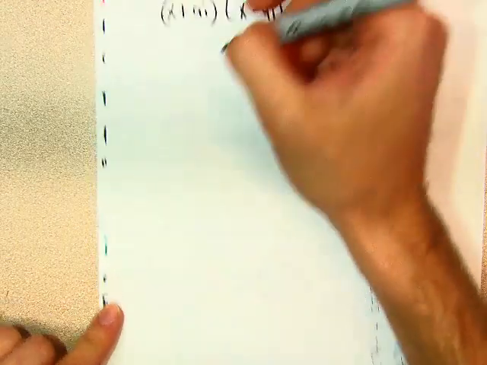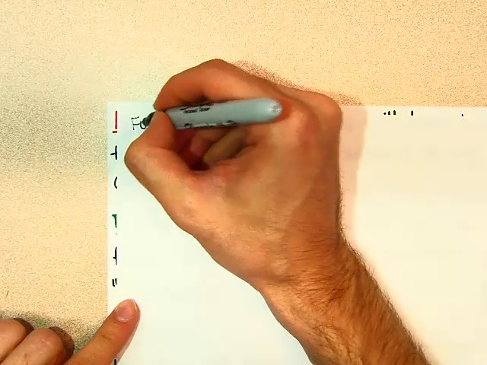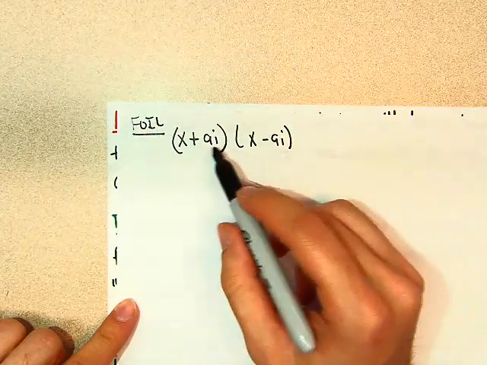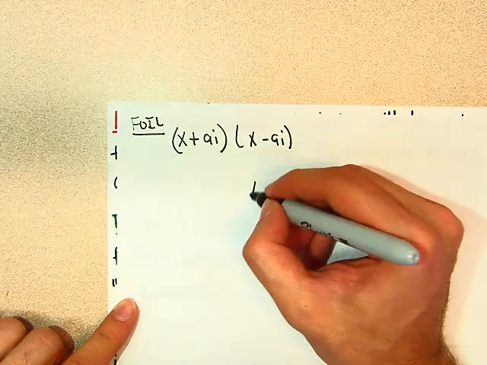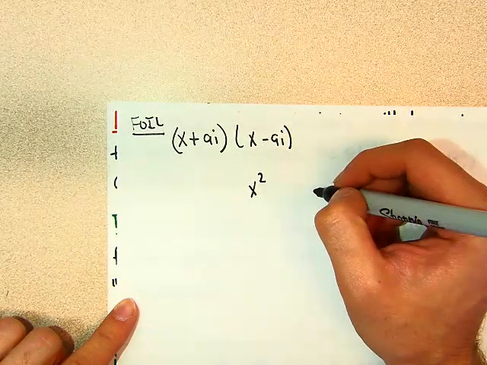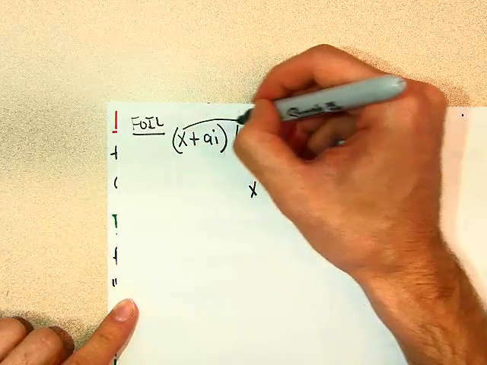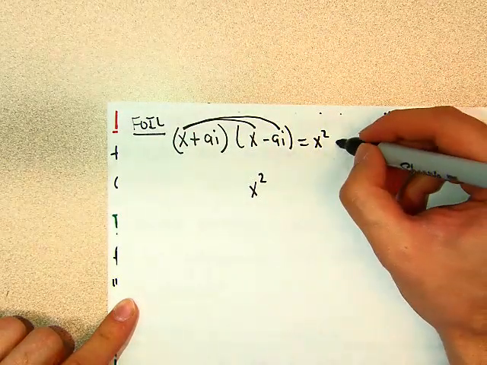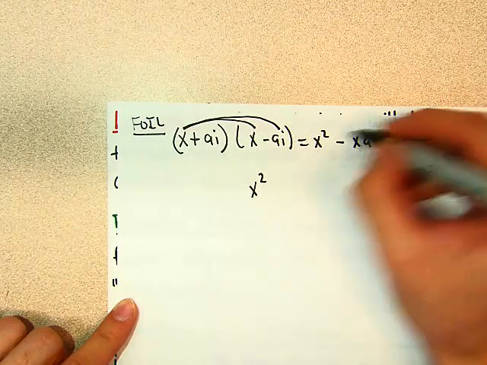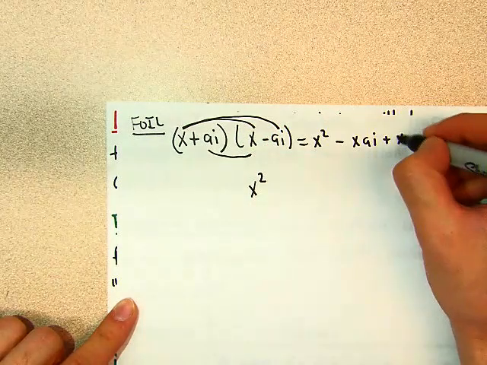What I'd like you to do is FOIL this out. If you FOIL x plus ai times x minus ai, it should equal x squared plus what? Let's see, x times x is x squared. X times minus ai is minus xai. This is plus xai.